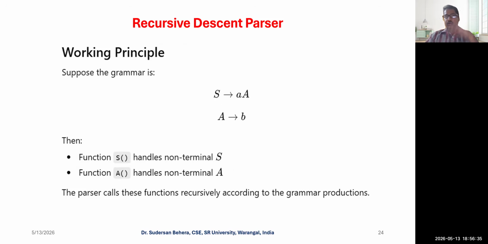So the target of the parser is to generate the desired string, the target string. For that, it realizes each non-terminal as a function, and it applies them recursively as per their appearance in the production rules.